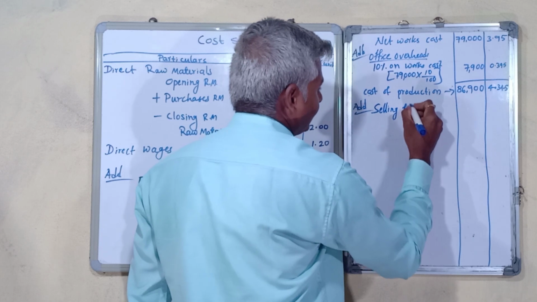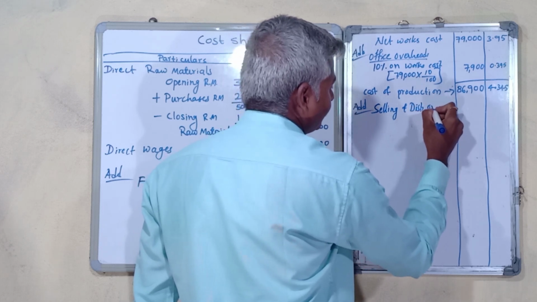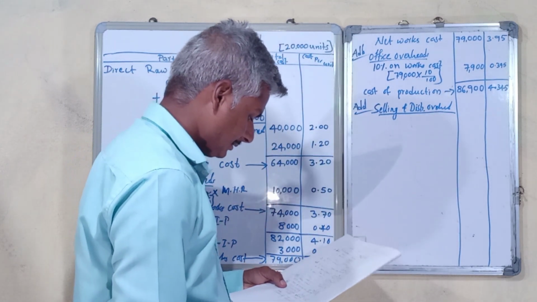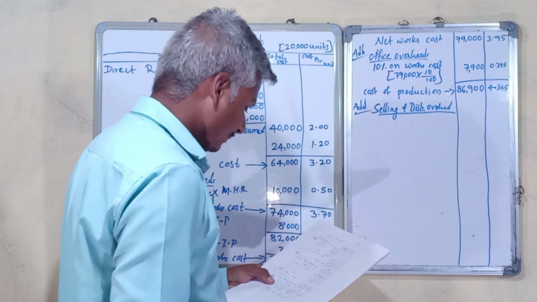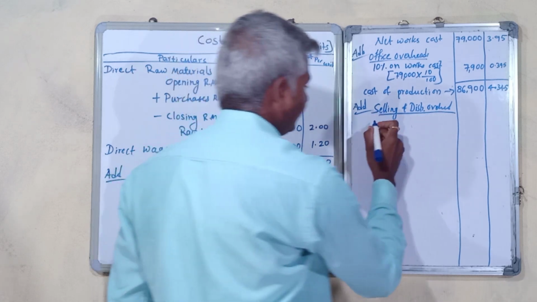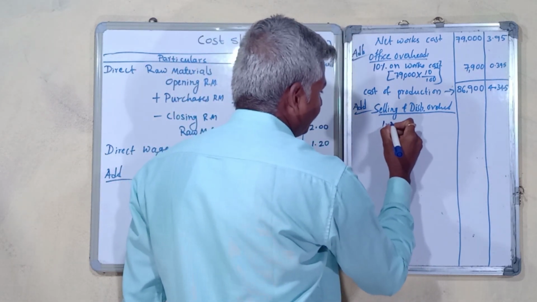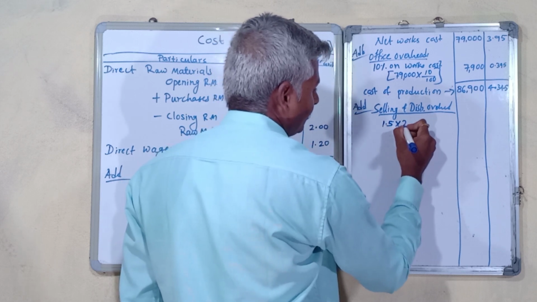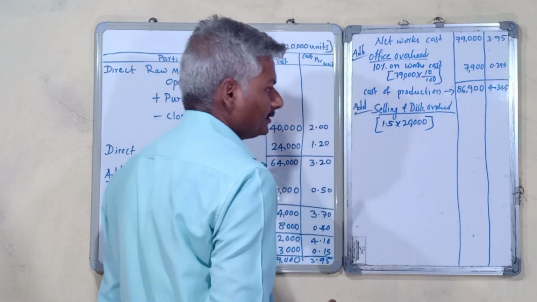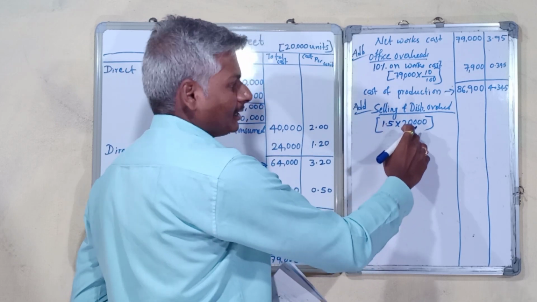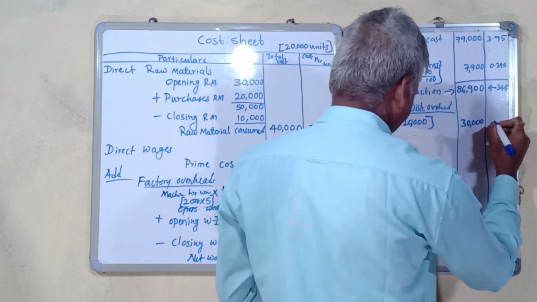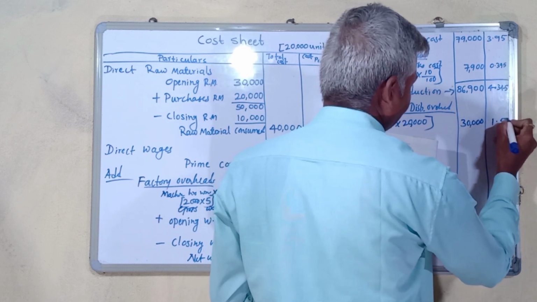It is 1.5 rupees per unit, 1 rupee 50 paisa per unit, based on 20,000 units. So 1.5 multiplied by 20,000 units will get 30,000, and divided by 20,000 is 1.5 again.